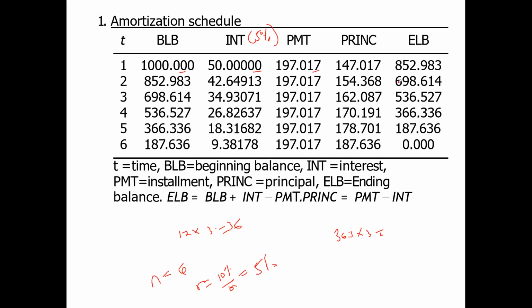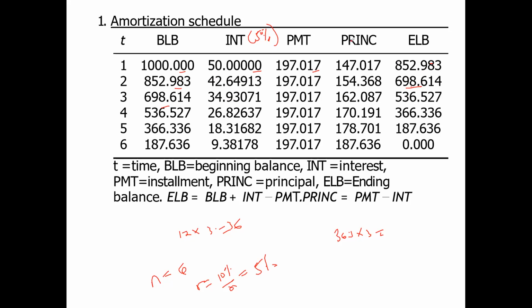Then the ending balance will now come and start. You find 5% on it, you get the interest, you subtract the payment, you get the ending balance. So we've done this already when I used 3 years annually. So when you follow, you should be able to get it.